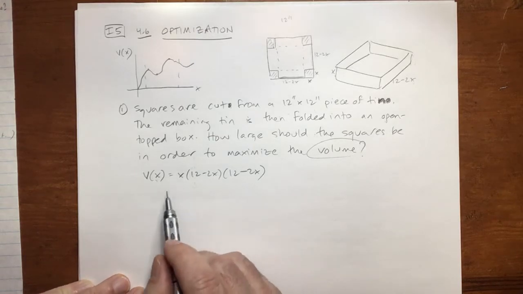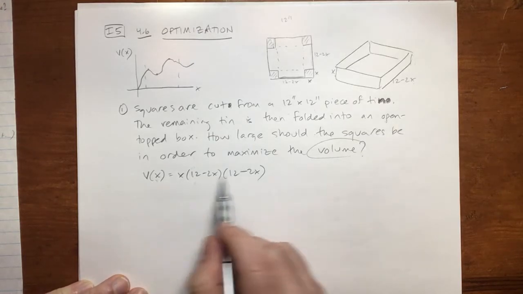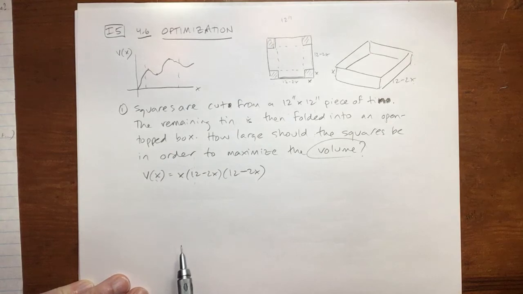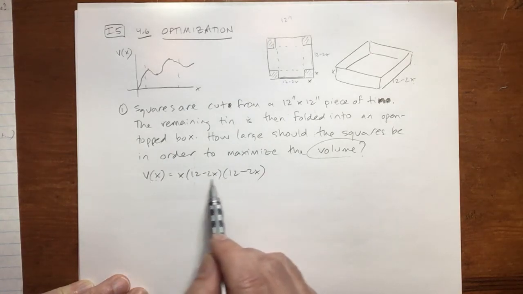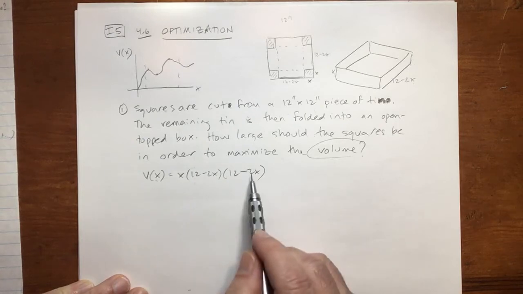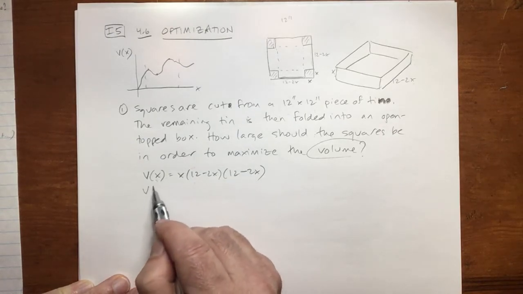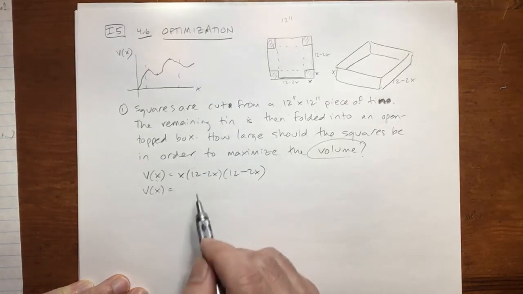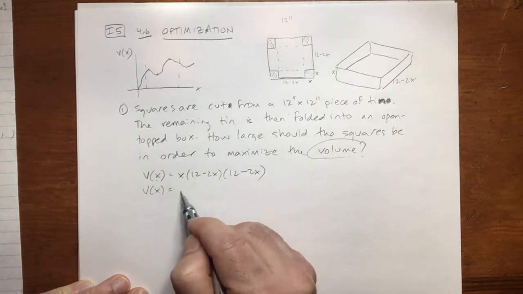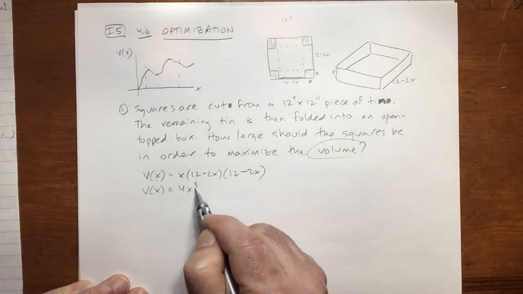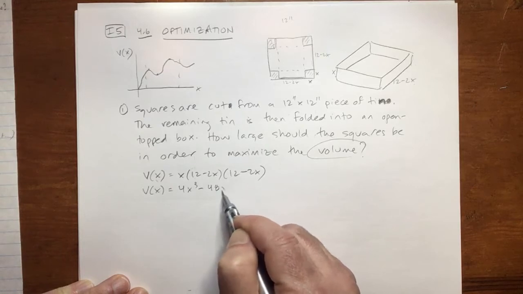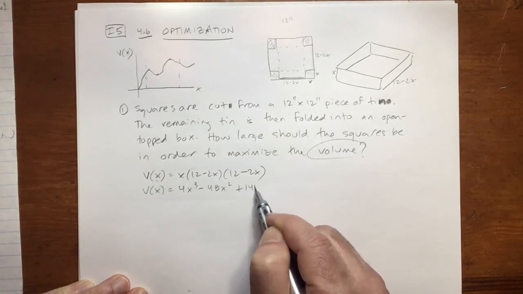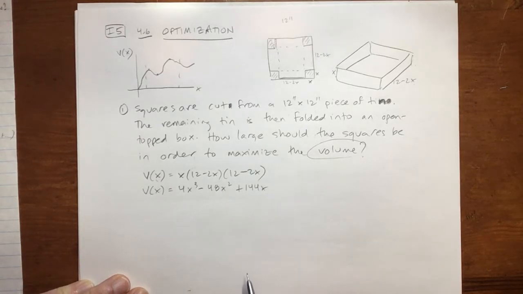Okay, and so this is what we want to maximize. We want to find the biggest possible volume. So I'll let you guys do a little bit of work with the algebra here. If we distribute it all, simplify it, I get the volume is 4x cubed minus 48x squared plus 144x.